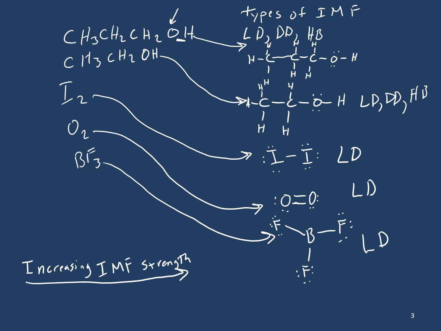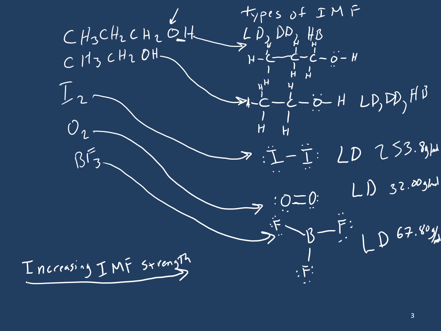However, if you remember from our slide in the last lecture video where we talked about London dispersion, you know that London dispersion strength actually increases with increasing molar mass. So let's calculate the molar masses of our three molecules that have London dispersion as their only intermolecular force.